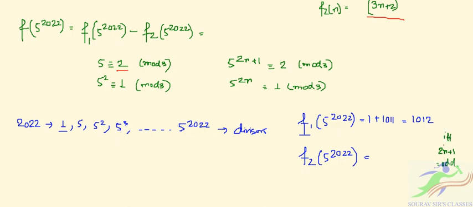So for f2, the divisors will be 5, 5 cube, and so on, where the last will be 5 to the power 2021. So these are the divisors with an odd number of terms. So we will have 1011.